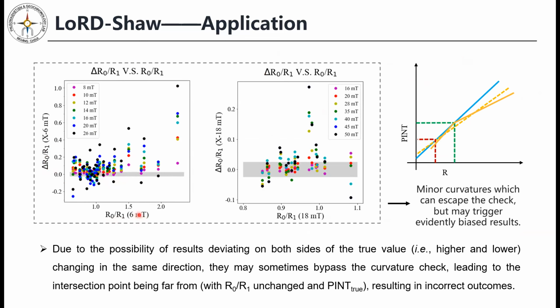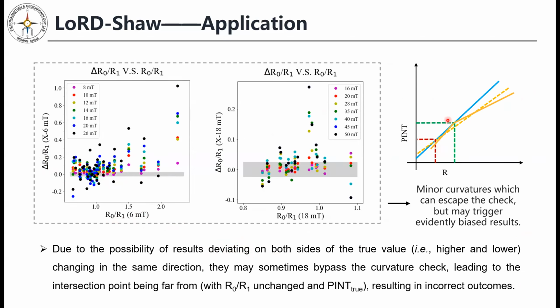It means that the results can deviate in the same direction on both sides of the true value.